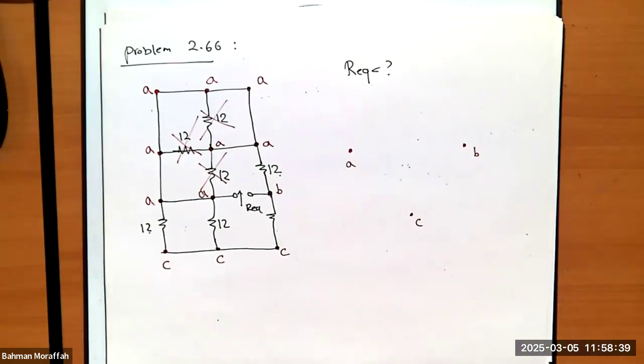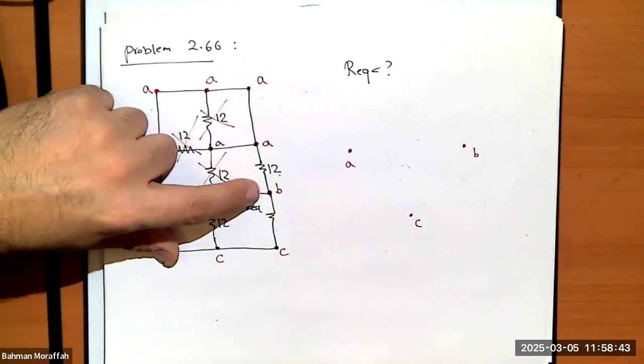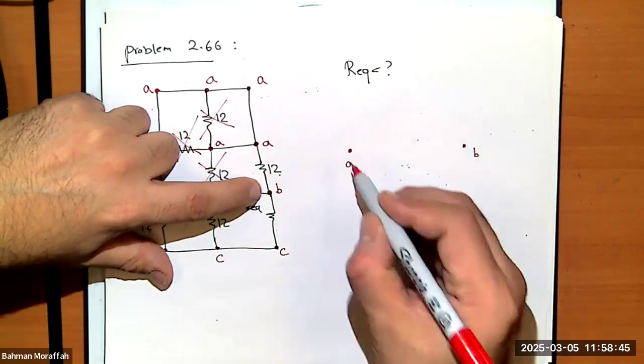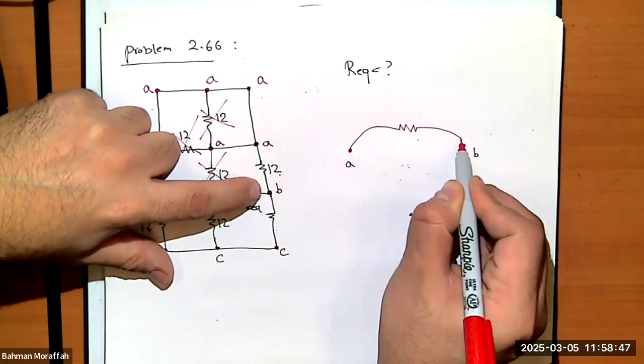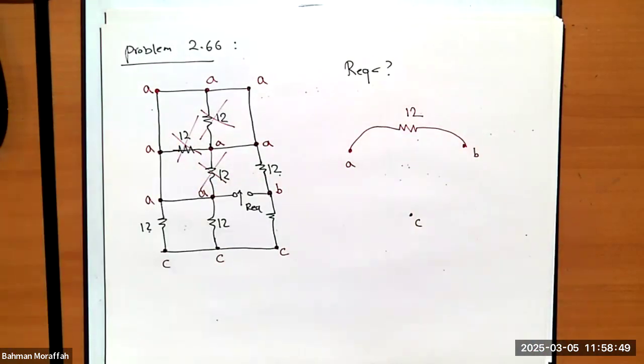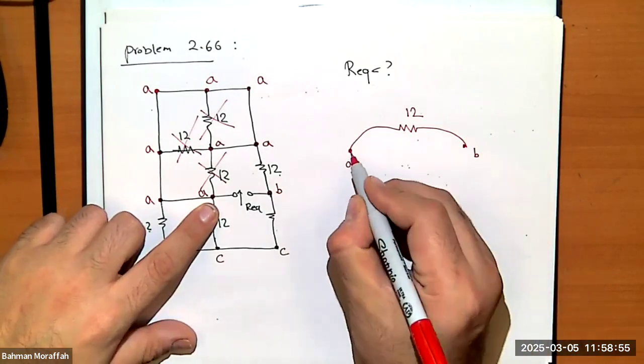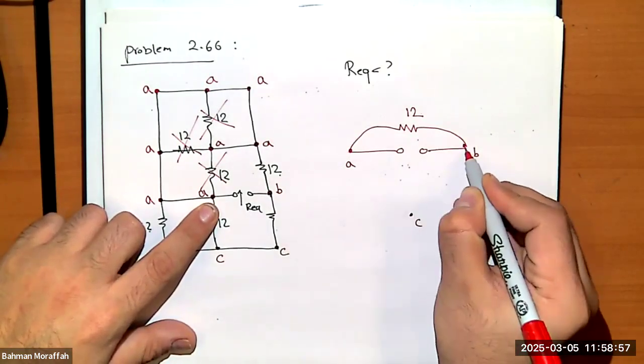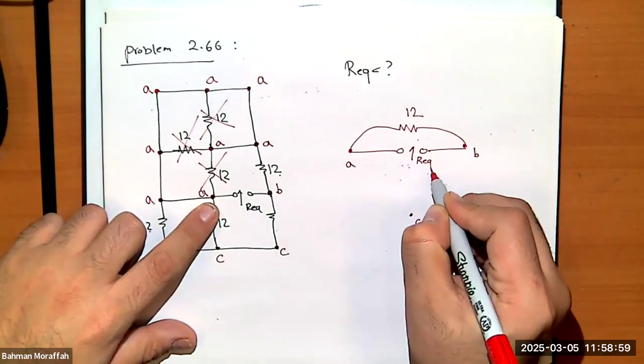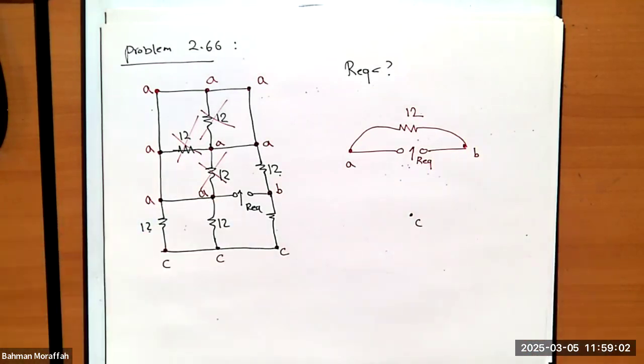Let's see what goes between A and B. Looking at the circuit, I have this 12 that goes between A and B. I'll write it. What else goes between A and B? This terminal, right? So I'll write it here. I need to find this R equivalent. Do I have anything else between A and B?